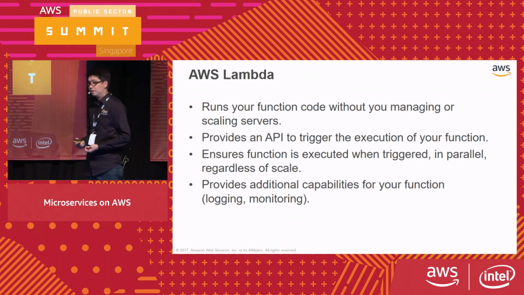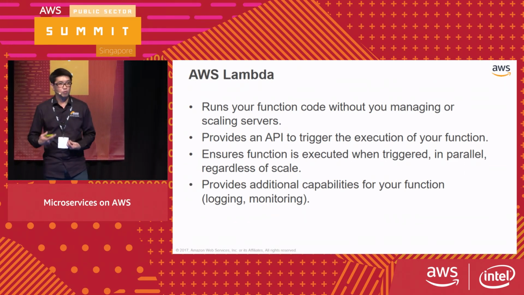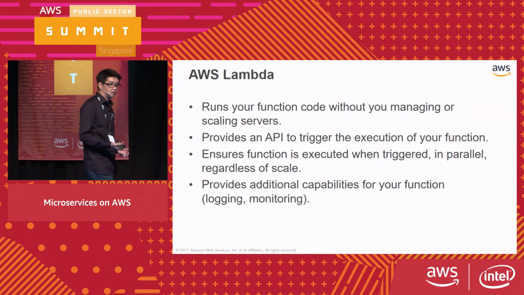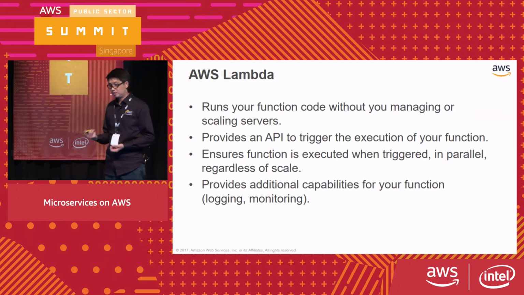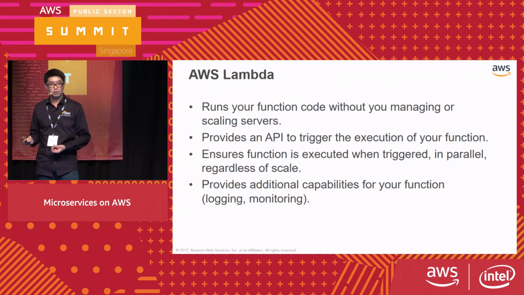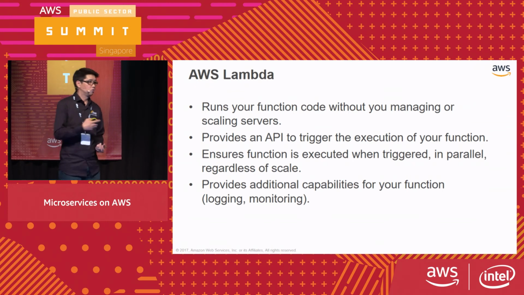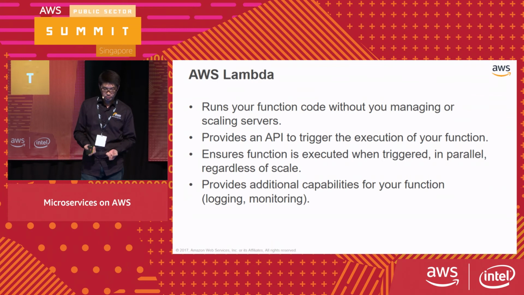And every time an event source is triggered, AWS Lambda will make sure that your code is run. It also provides additional operational capabilities such as CloudWatch integration for monitoring, and there's a logger object as well, such that should you choose to log a statement in your code, it will go to CloudWatch Logs.